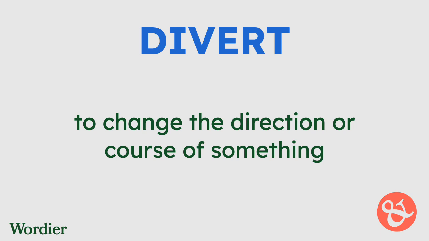So when the magician diverts people's attention, he's turning their attention in another direction on purpose. Sometimes cars may be diverted, so they have to change their direction. They call that a diversion because they can't go in the direction that they originally planned. So that is divert. Let's look at the next word.